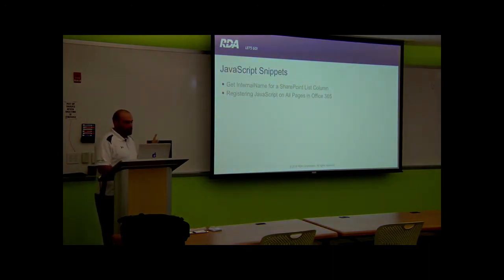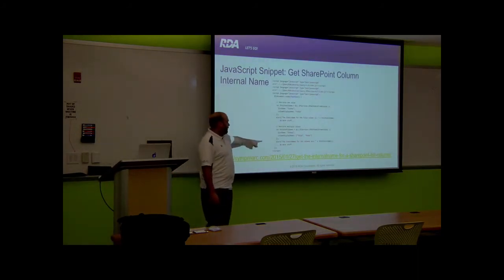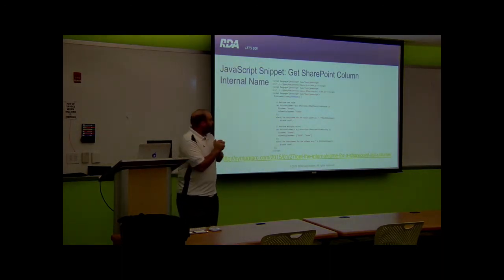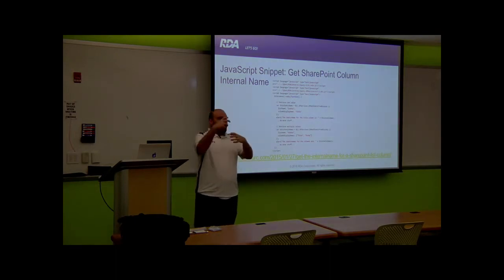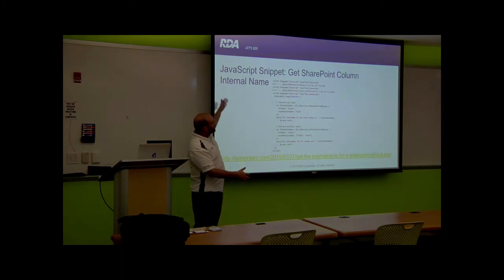Here are the snippets that you're going to need if you're doing Office 365 development. The first one is get SharePoint column internal name. The reason that you need it is because if you are using SPServices or you're trying to do a query and you want to get specific information from a column, you want to query by the internal name.